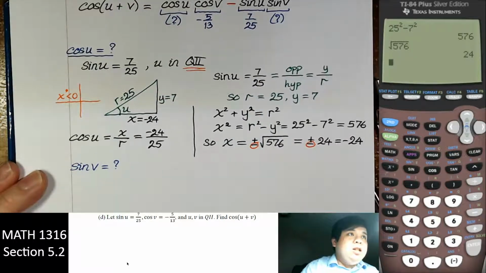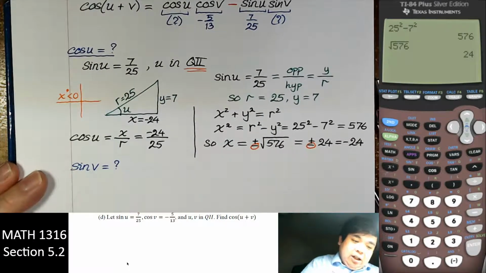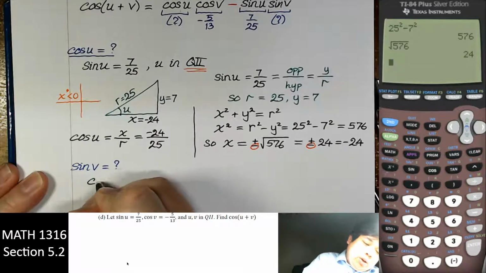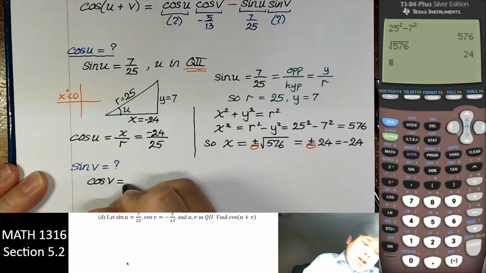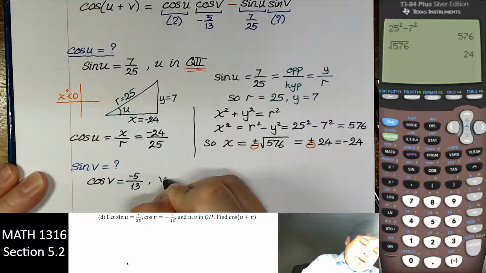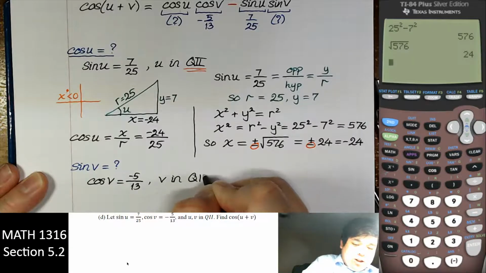We do pretty much similarly here. What we are given is cosine of v is negative 5 over 13, and v in quadrant 2 also.